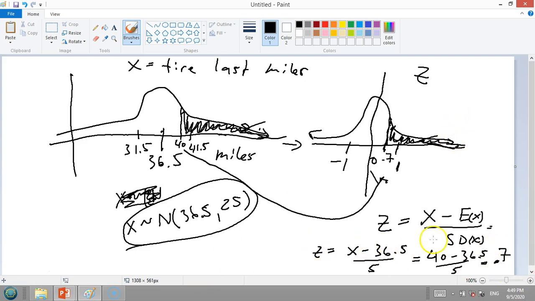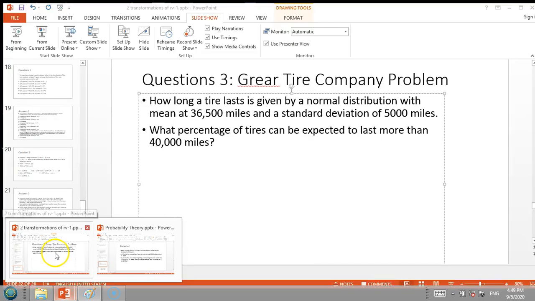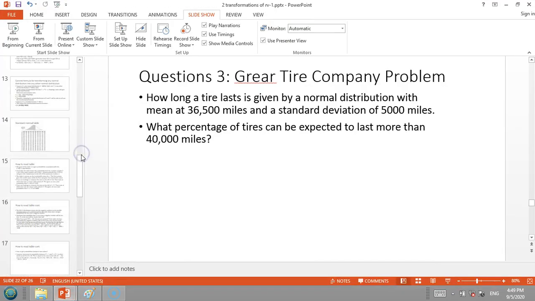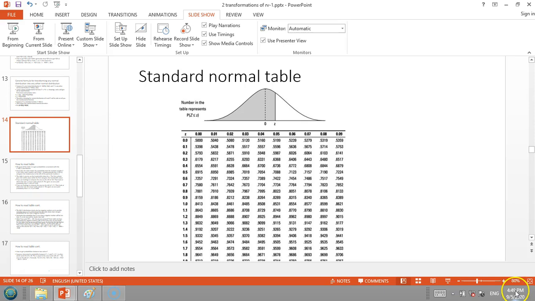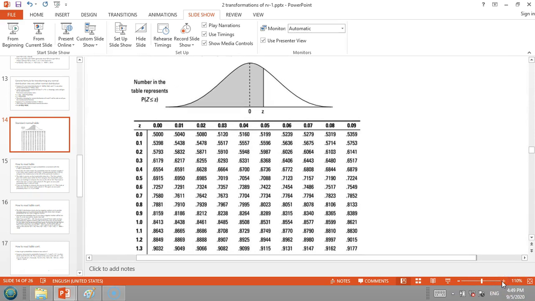Right? I just go back to the table here. Like this. And then I see 0.70. So the precision is going to be 0. So it's going to be 0.758.